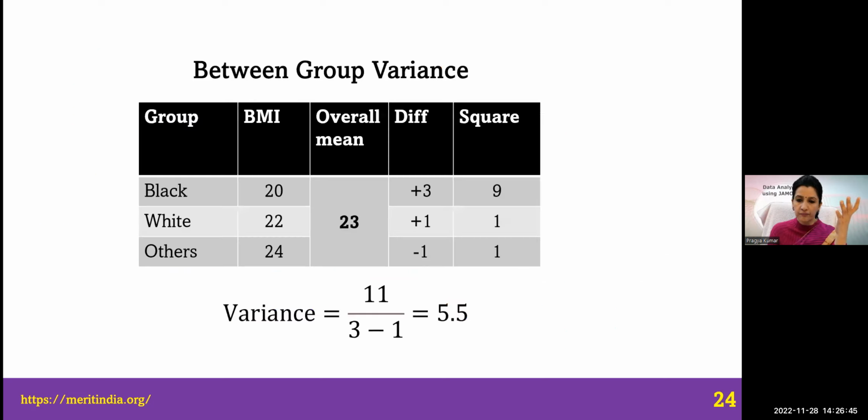There are three groups, black, white and others. Initially what I taught was the within group variance. Now there is something known as the between group variance. How many groups are there in this case? Please write.